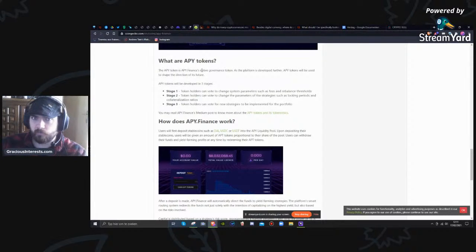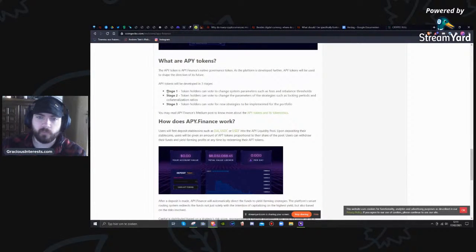So I'm going to assume, because I'm seeing this here, just from the title alone, that it's going to... well, it's actually mentioned here on screen. The API token is APY.Finance's native governance token, so it is going to be used for governance. As the platform is developed further, it will be used to shape the direction of its future. So it's going to be used by developers and users of the platform to make decisions based on the future of the project.